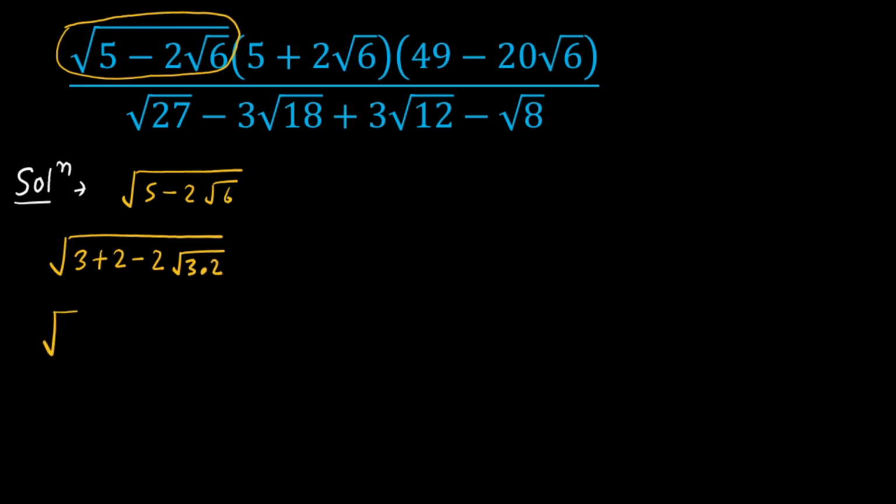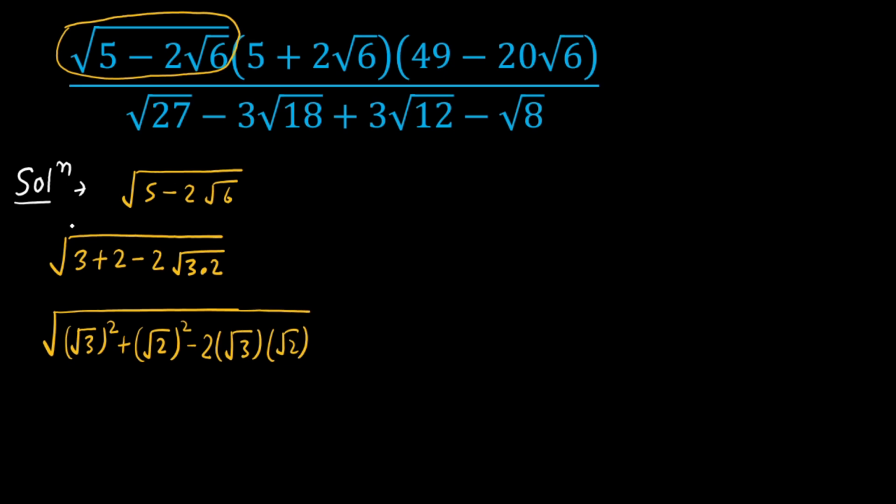Then 3 is the same as square root of 3 bracket power 2, plus 2 is the same as square root of 2 bracket power 2, minus 2 times square root of 3 times square root of 2.